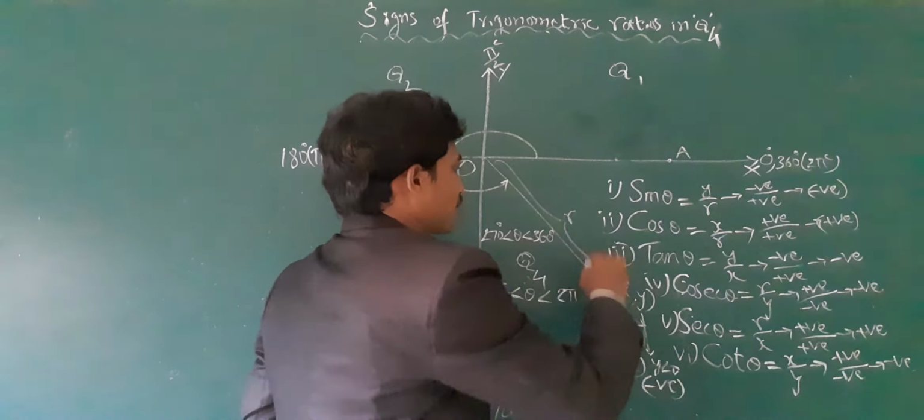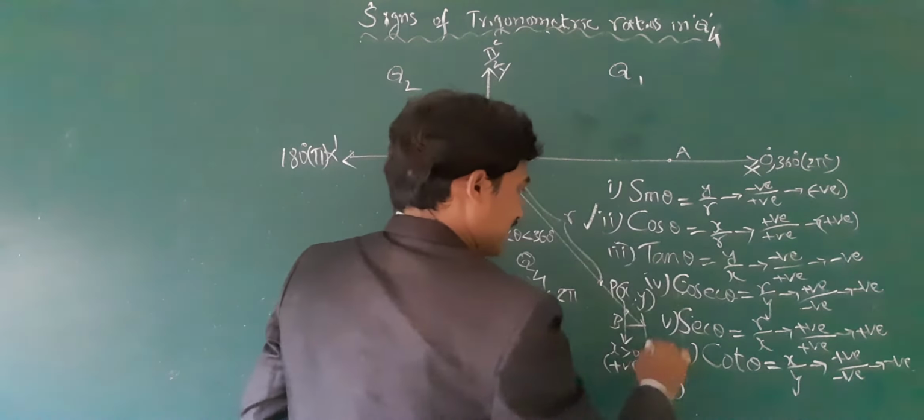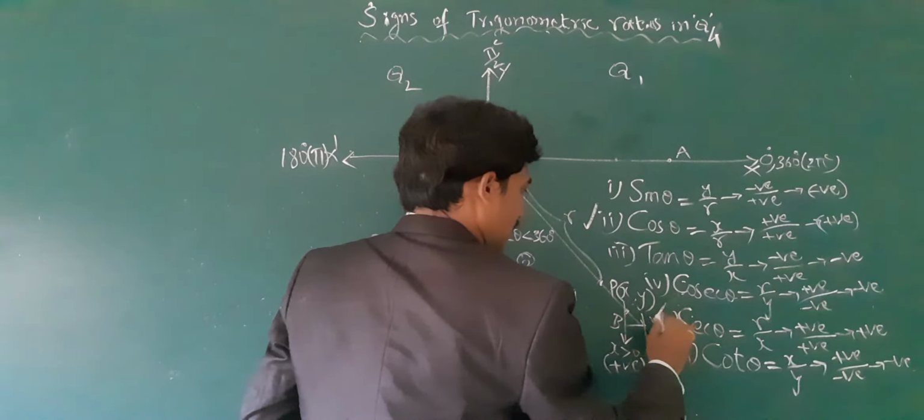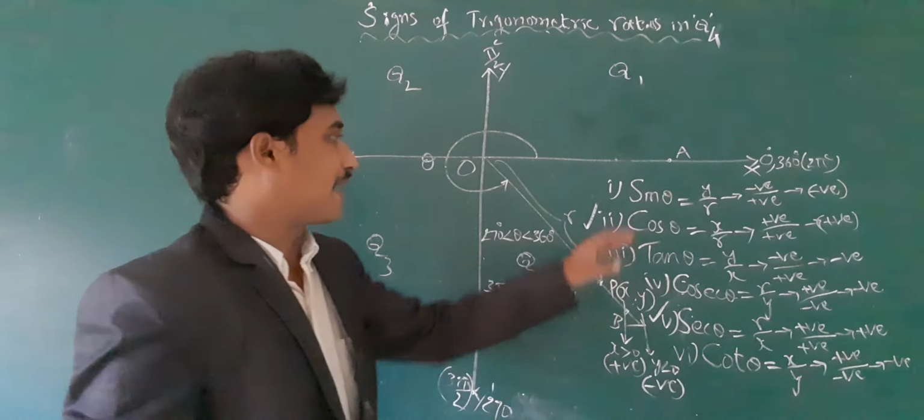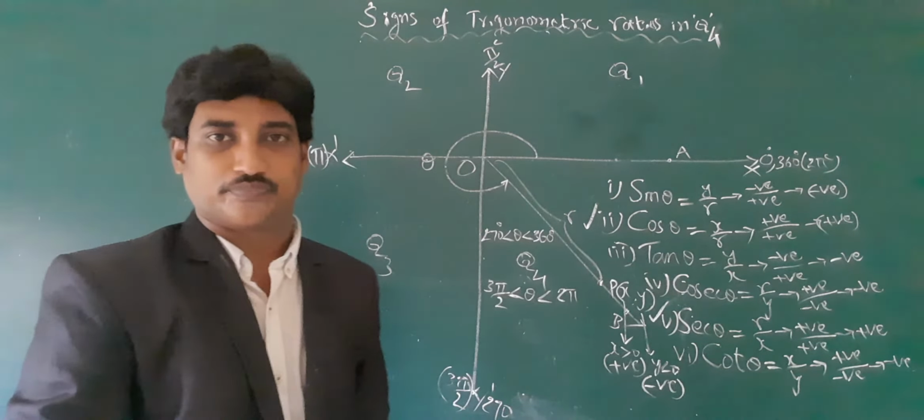Only cos theta and its reciprocal secant theta are positive in the fourth quadrant. The remaining ratios are negative.